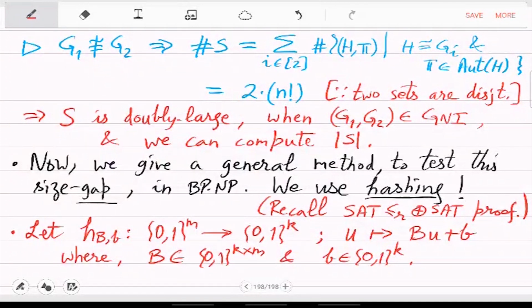So you notice that BU is K cross M times M cross 1, so you get K cross 1, which is small b's dimension. So you can add. Okay, so using matrices, you can basically make random matrices define random hash functions. And the idea is that a big M you are compressing down to K. Fine.